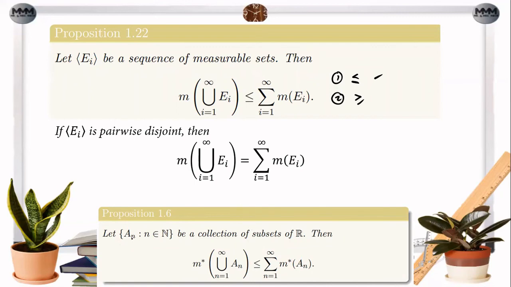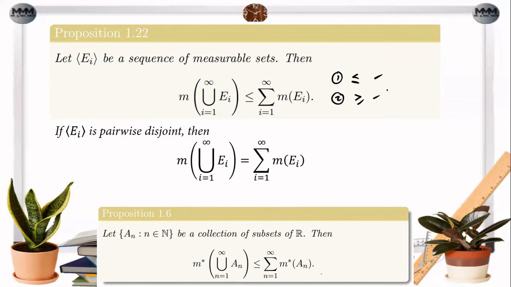We let A sub n be a collection of subsets, not necessarily pairwise disjoint. Take note that each E sub I is a measurable set. Hence, the Lebesgue outer measure of each set is equal to its Lebesgue measure. That's why it follows from this proposition.